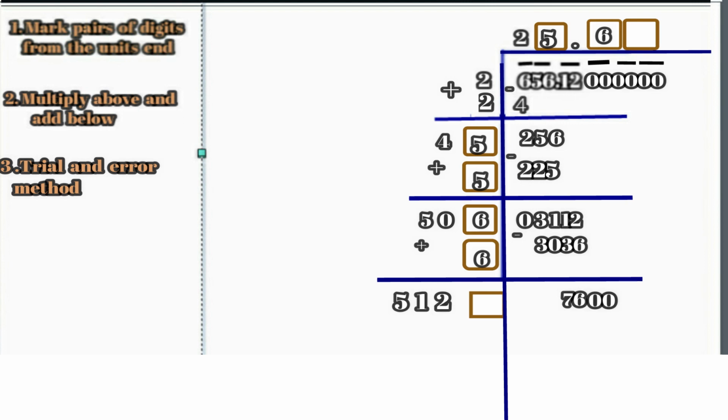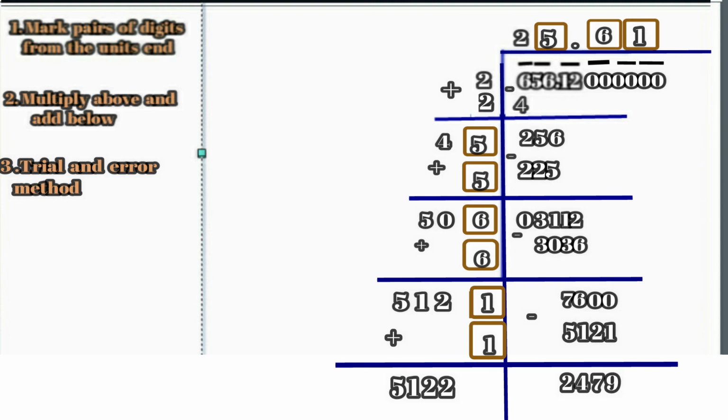Okay, we have got the number, so we can go back to the second step. Multiply, add and subtract. Commonly, we stop this division when we get 2 digits after the decimal point. So, we can stop here. This is our result.